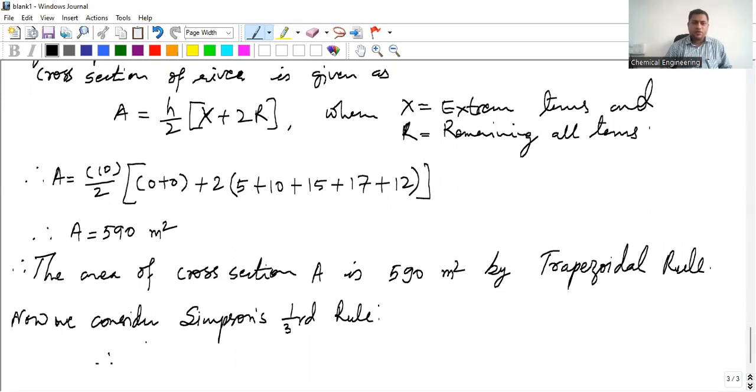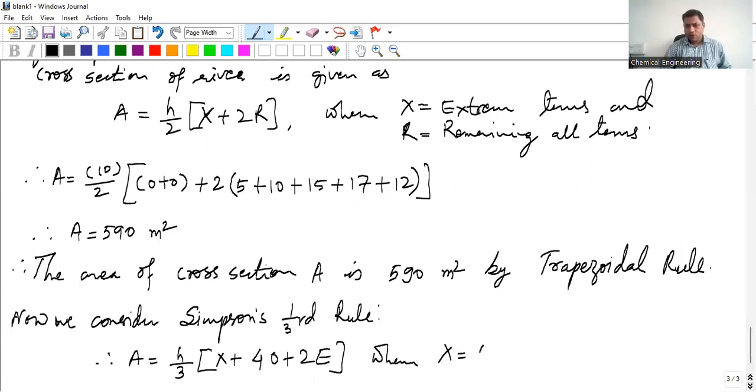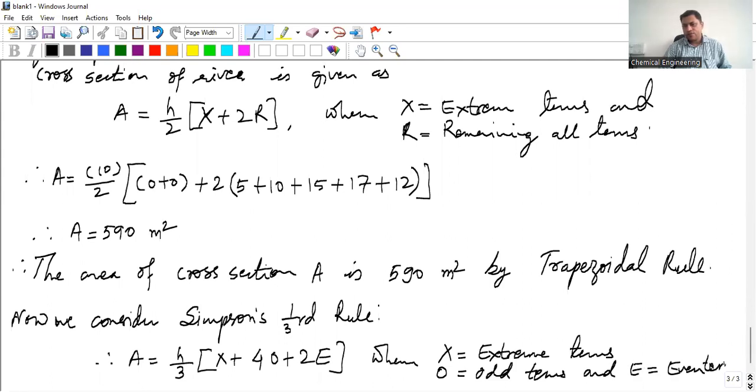What does Simpson's 1/3 rule say? A = h/3 [X + 4 times odd plus 2 times even], where X is the extreme terms, O is the odd terms, and E is the even terms.